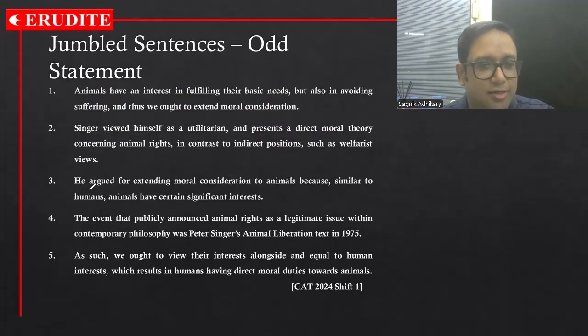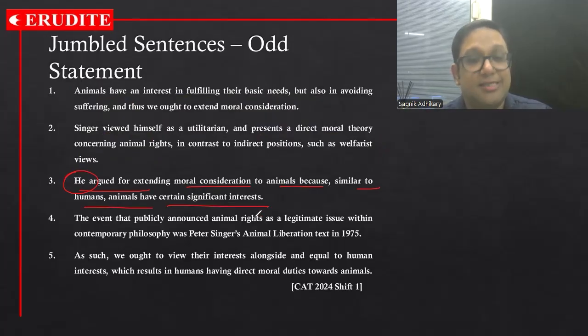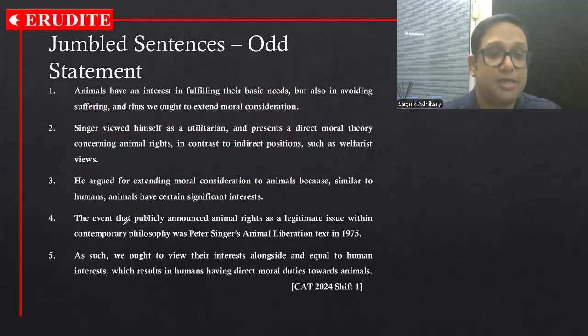Let's look at the other ones. He argued, he must be talking about Singer, unless we have another subject mentioned in the remaining sentences. He argued for extending moral considerations to animals because, similar to humans, animals have certain significant interests. Now, this seems to also be connected with extending moral considerations and also animals having interests. So one actually seems connected.